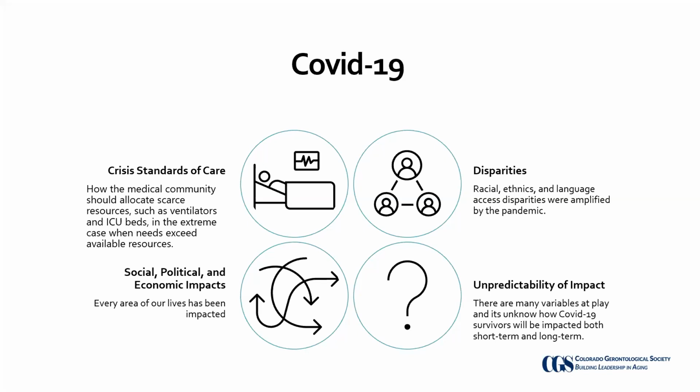Also, a huge area that has been amplified is disparities. Disparities within racial, ethnic communities, communities that English is not their first language, or are monolingual in another language. There's well documented disparities, and the pandemic has just amplified and really has brought light to the disparities, that those disparities could no longer be ignored, and they have really come to the forefront.